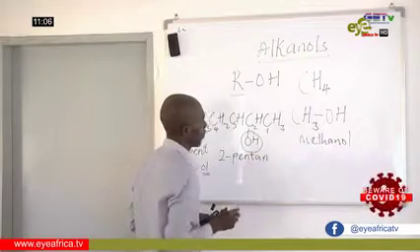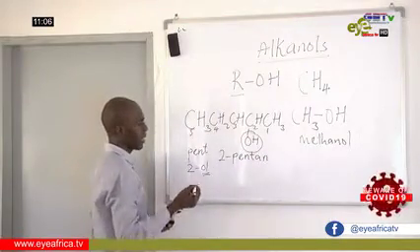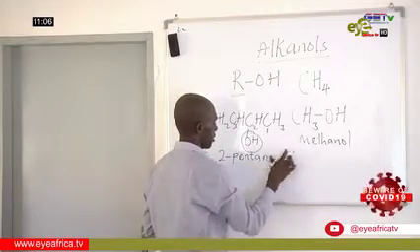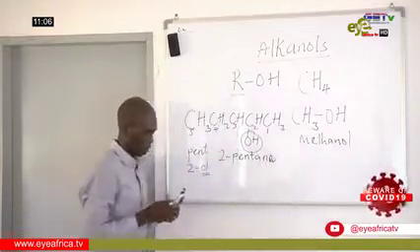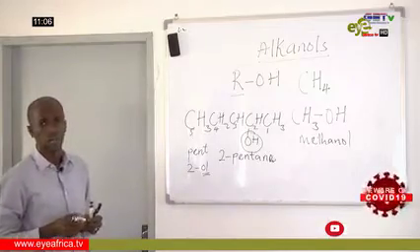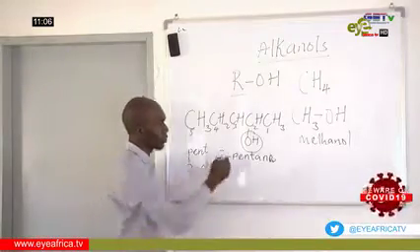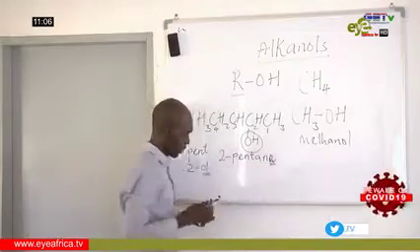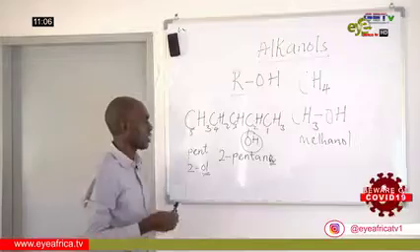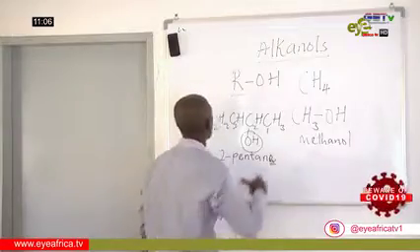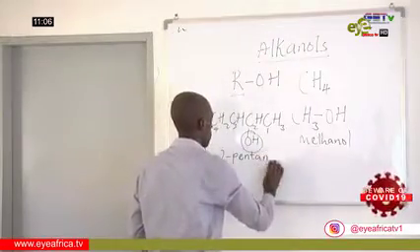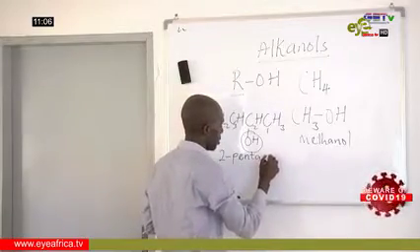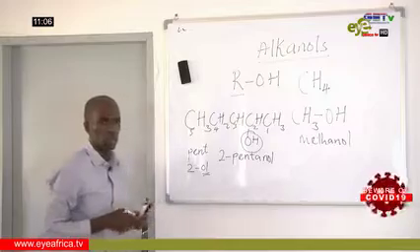If I told you this was an alkane with 5 carbons, it is called pentane. Sorry, E. So since this is an alcohol, the OH substitutes a hydrogen. So therefore, we're going to drop the E from the corresponding alkane and then add the suffix OL. So therefore, we write the name of this compound as pentanol. Okay.